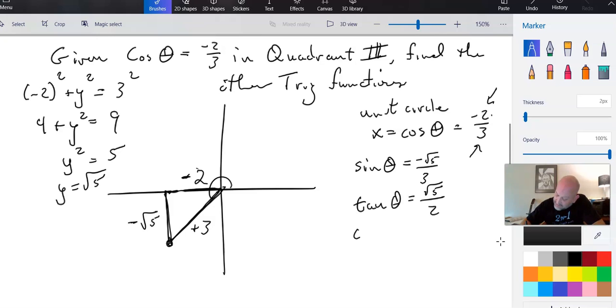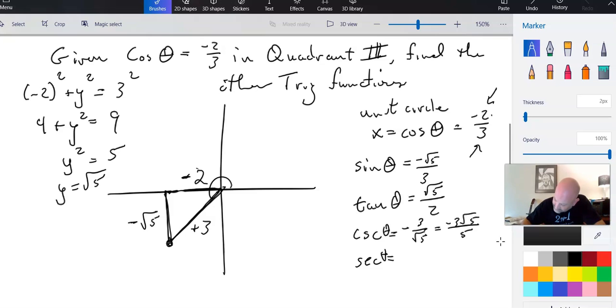And then cosecant is the reciprocal of sine, so it's also going to be negative. That makes it 3/√5. We have to rationalize the denominator, so this is now -3√5/5. Secant is the reciprocal of cosine theta.